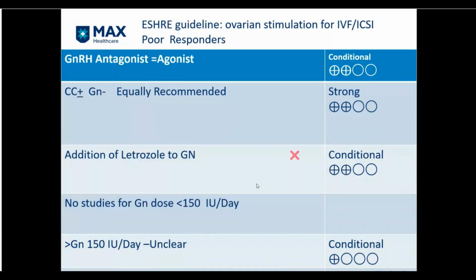And now coming to the dosage of the gonadotrophins in poor responders, there are no studies where people have used less than 150 international units.